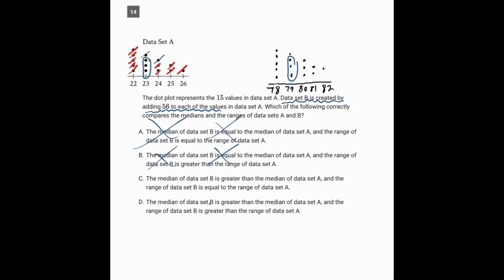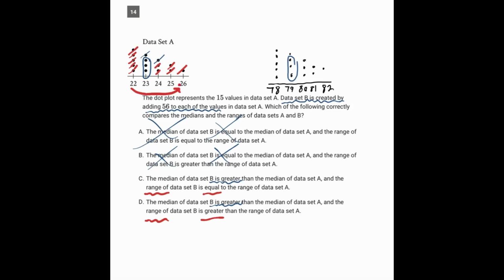And is the median of B greater? Absolutely, because all of set B is greater. So now the second part of the statement is asking us about the range. Is the range equal or is the range greater for the new set? Well, the range is simply the distance between the lowest and highest numbers.